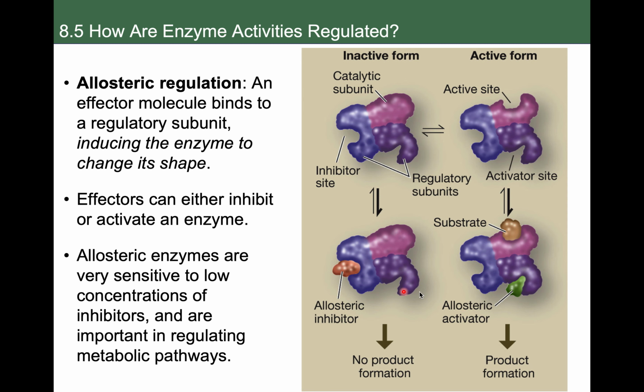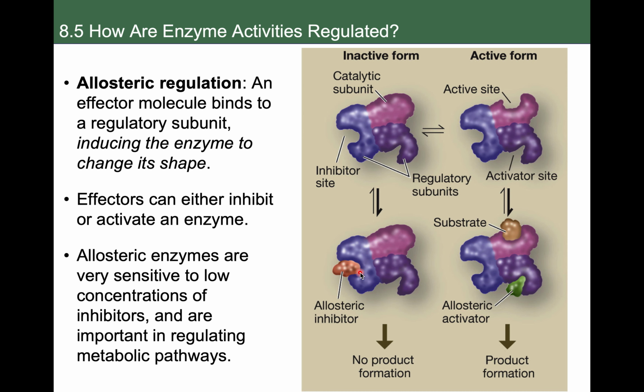And what you see down here on the bottom is the role that these regulatory molecules are playing. So on the left, you have an allosteric inhibitor that's binding non-competitively to the enzyme and basically, at least temporarily, locking it into that inactive shape, right? So no active site. Whereas on the right, you have an allosteric activator molecule present, and it's helping push the enzyme into that active shape.